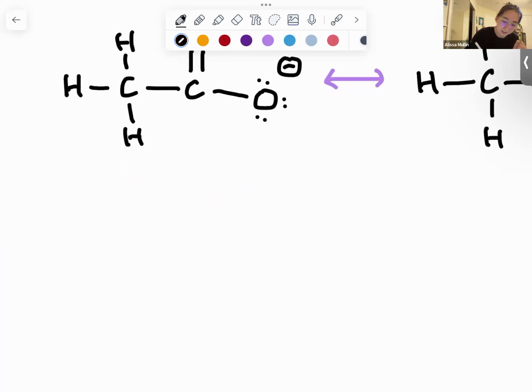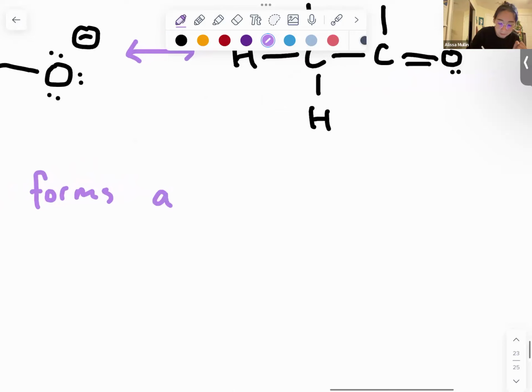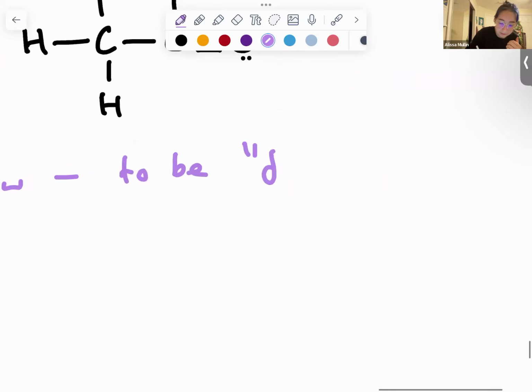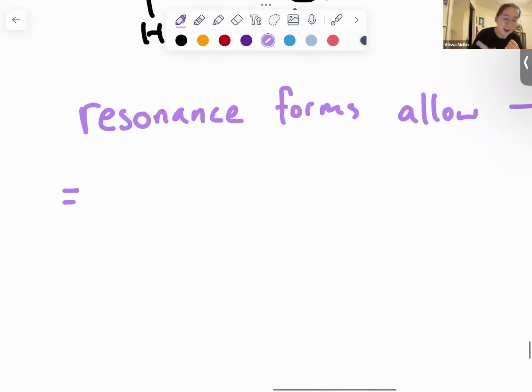So the fancy word for that is that the resonance forms allow it to be delocalized. This means that we have a more stable conjugate base. We've decreased the energy, the electrostatic burden of having those extra electrons.